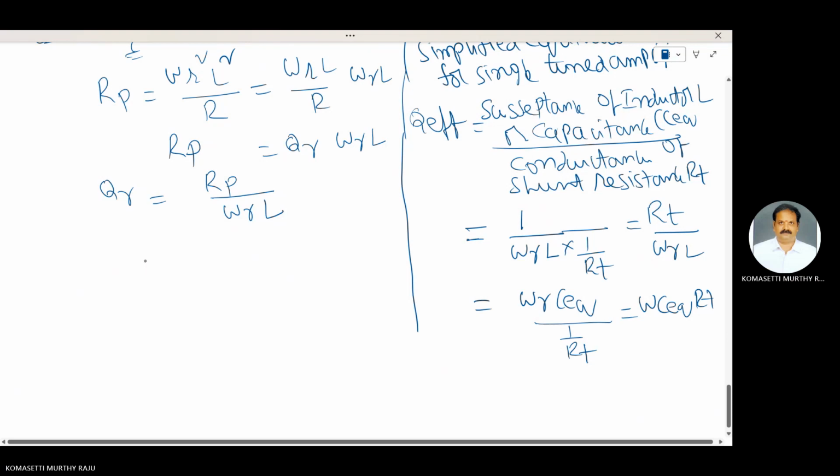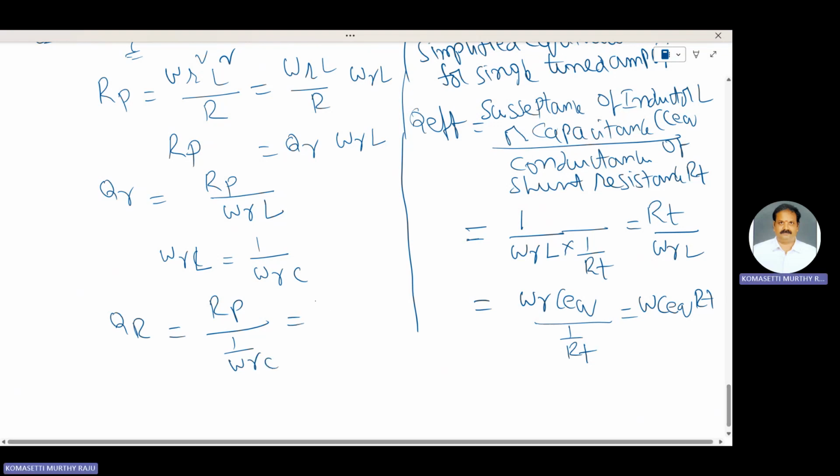Here, in general, at resonance, omega R L is equal to 1 by omega R into C. Therefore, QR is also replaced with RP by omega R L, is equal to 1 by omega R into C. That is RP omega R C. Here, RT C equivalent into omega.